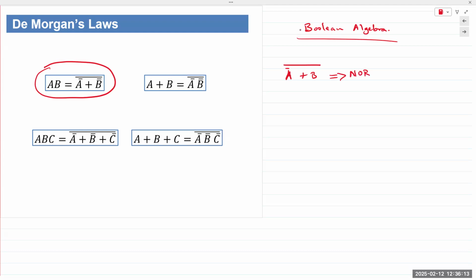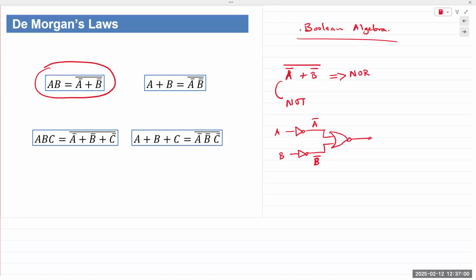But if you already have the inputs inverted, meaning you have a NOT gate and you apply an A input, you get A naught as the output. Meaning you have two NOT gates and a NOR gate. Let's do a small illustration. So you have A, then you have A naught. This becomes B naught.